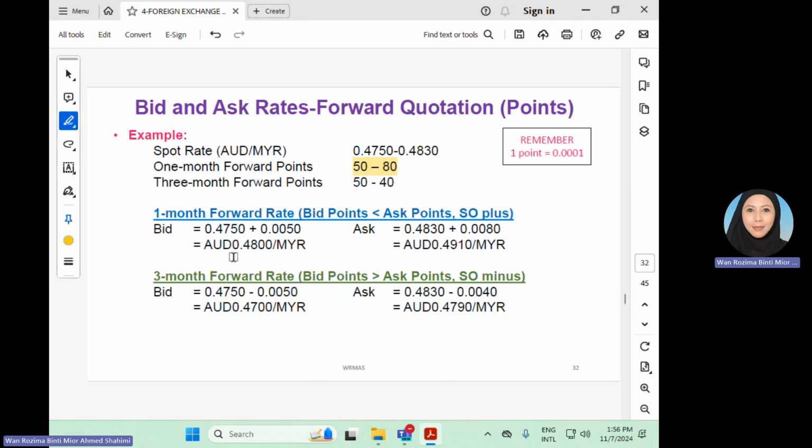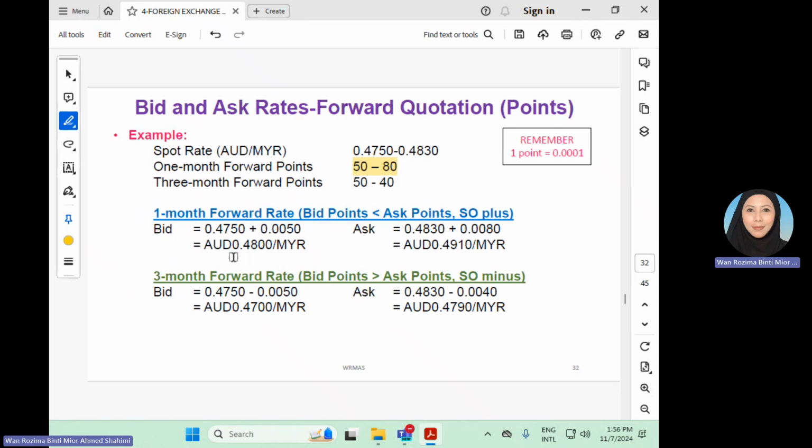In this case, 3 months. 50 points bid points, 40 points ask points. Do you see that bid points is higher than ask points? So what do we need to do? Minus. So we minus. Remember, this one plus because less. This one minus because more, higher.